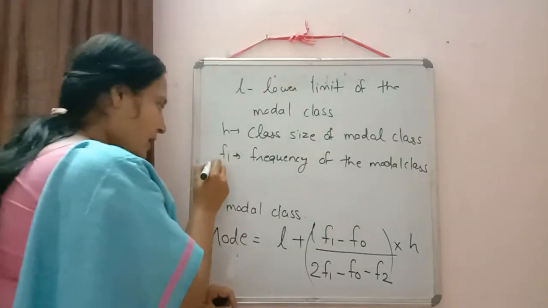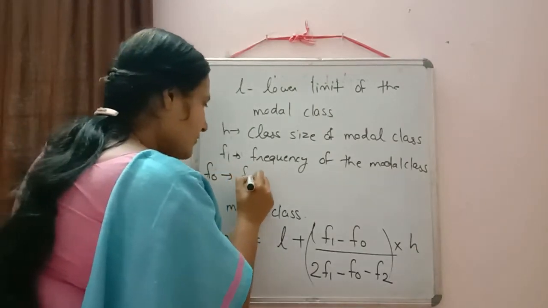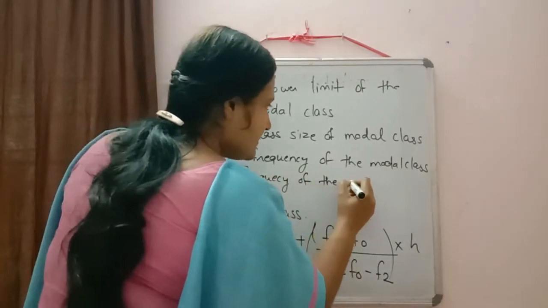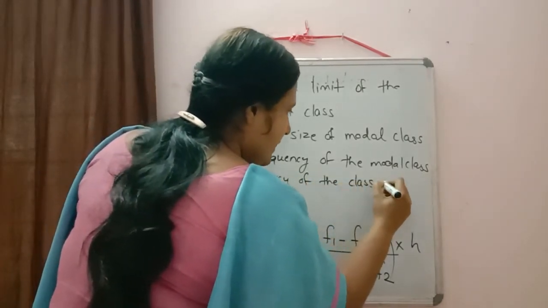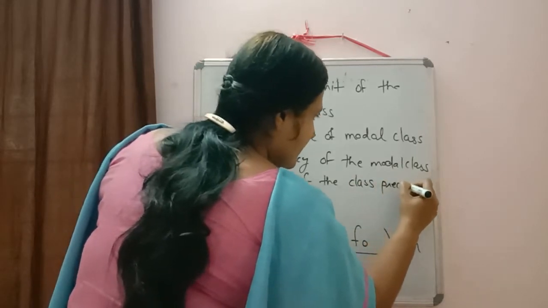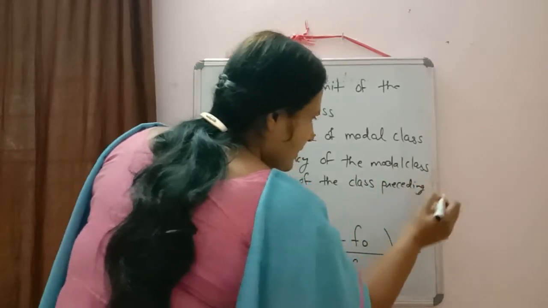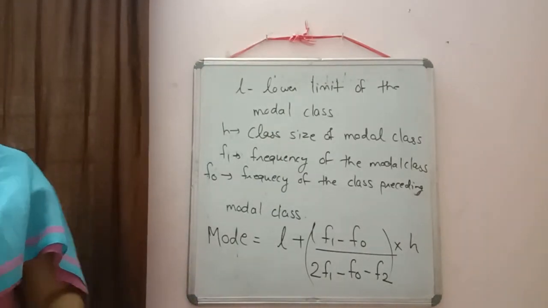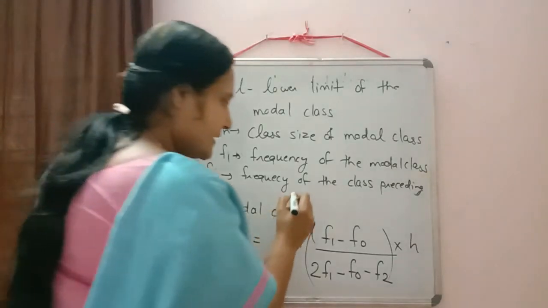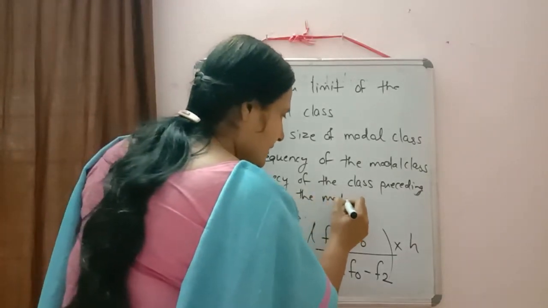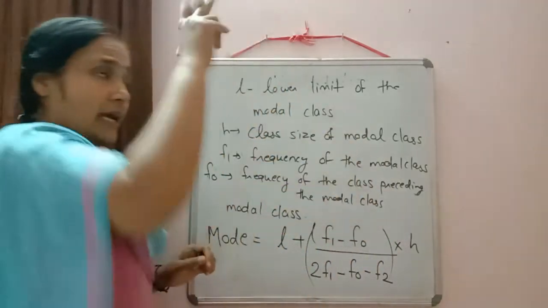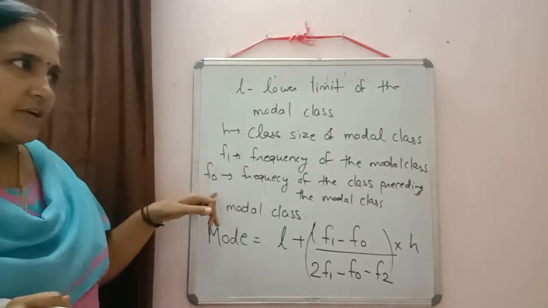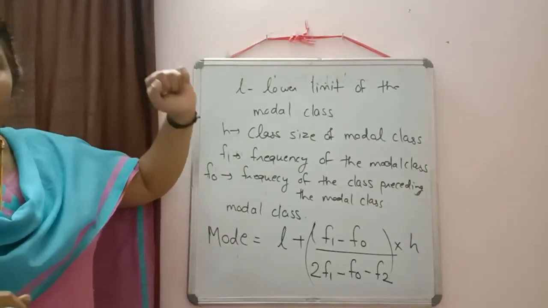In the same way, F0 represents the frequency of the class preceding the modal class. Preceding the modal class means the frequency of the previous class. 0 comes before 1, so F0 means frequency of the previous class.